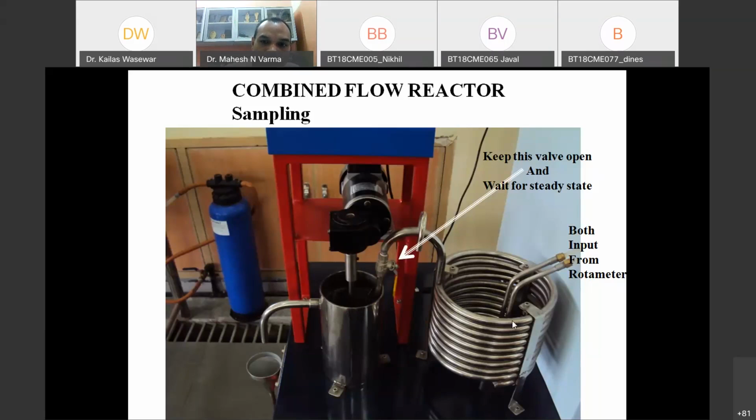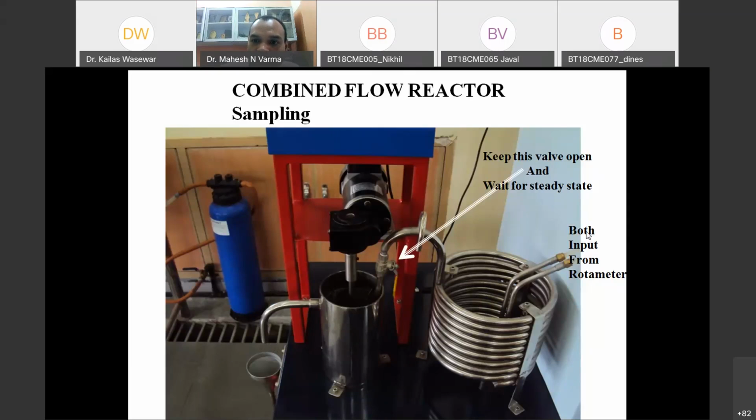Say 700 seconds here for the PFR and 300 seconds for the CSTR. So total residence time is 1000 seconds. So you need to wait for at least 1500 seconds. Say this is 10 minutes, and this is 10 minutes, so 20 minutes is there, so you need to wait for at least 30 minutes to take the sample.